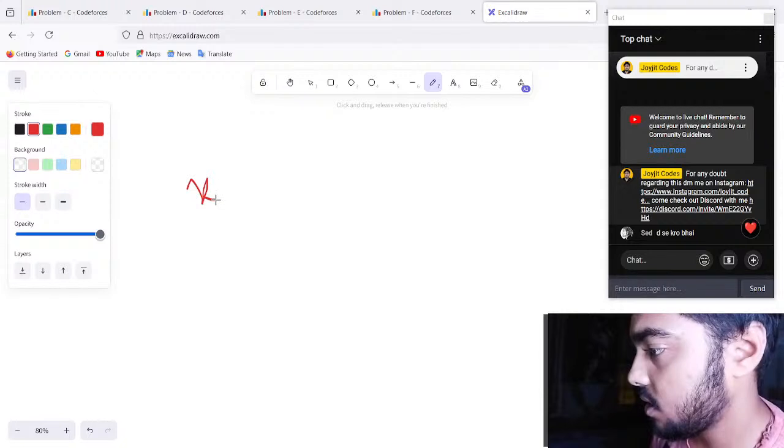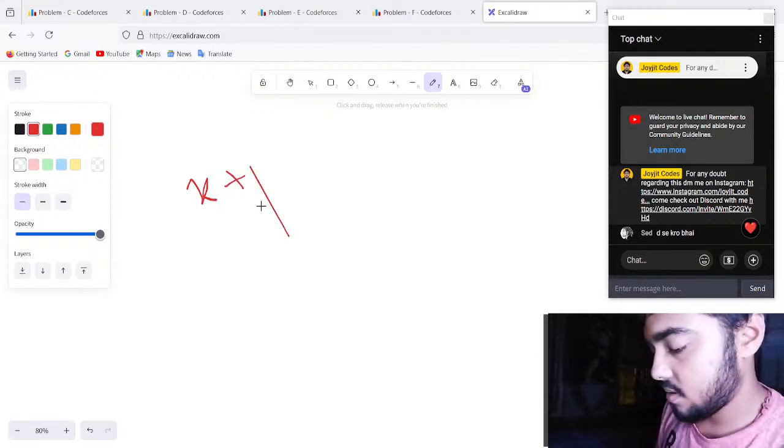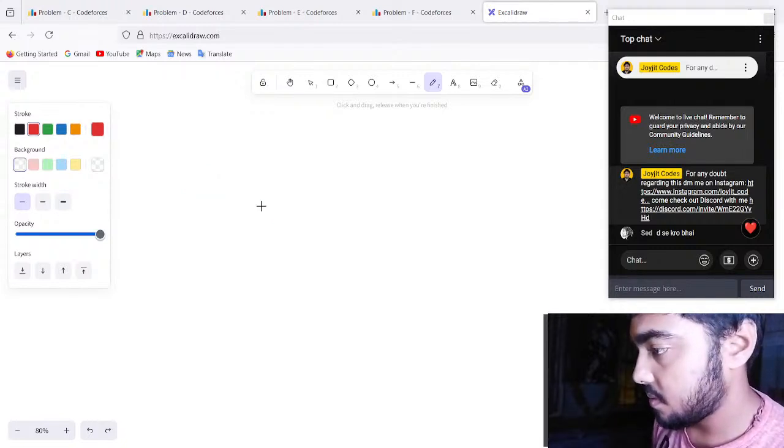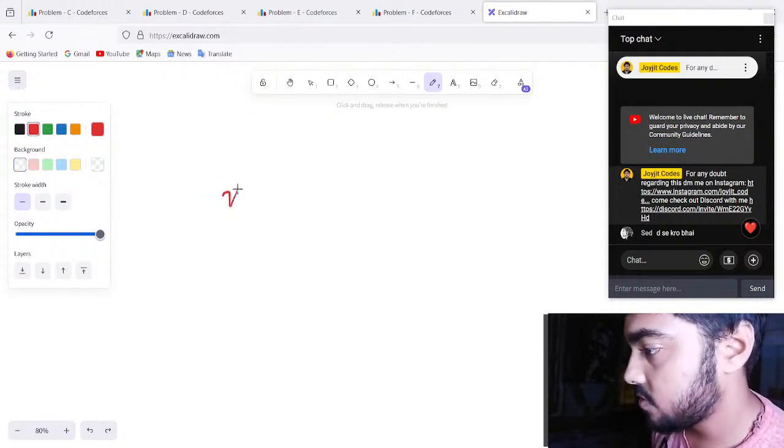If it's the first move, she makes an X move, and if it's the second move, she makes a Y move.